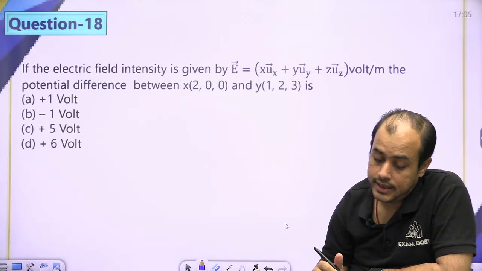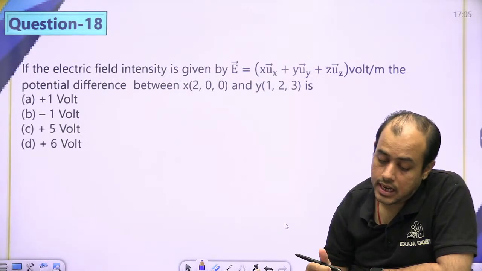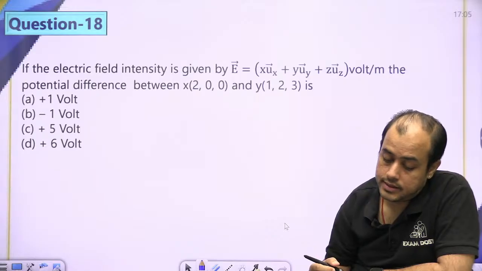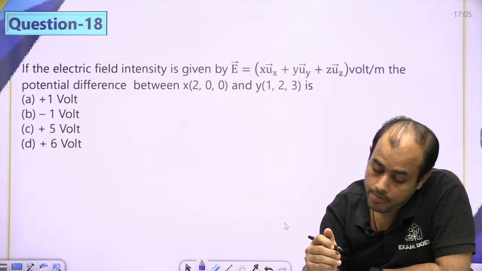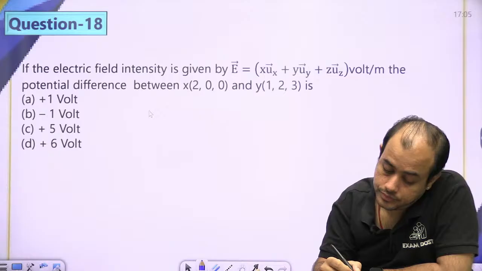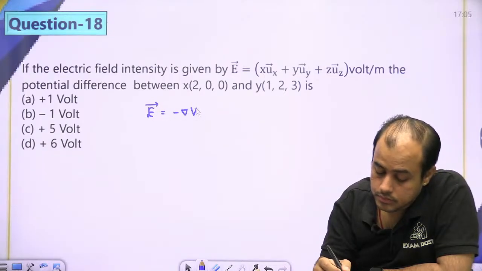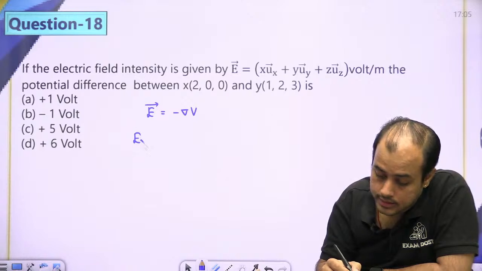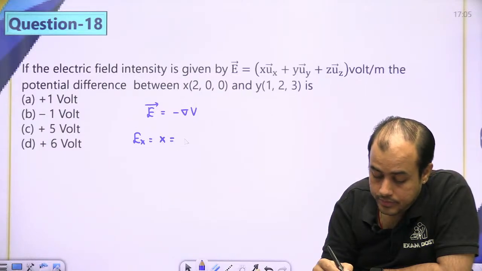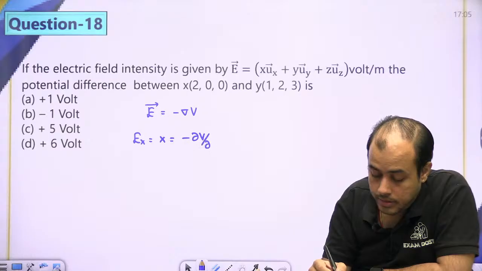.236. Very easy. Electric field intensity is given. I want the potential difference. Okay. So Ex, which is equal to x, is minus del V by del x.